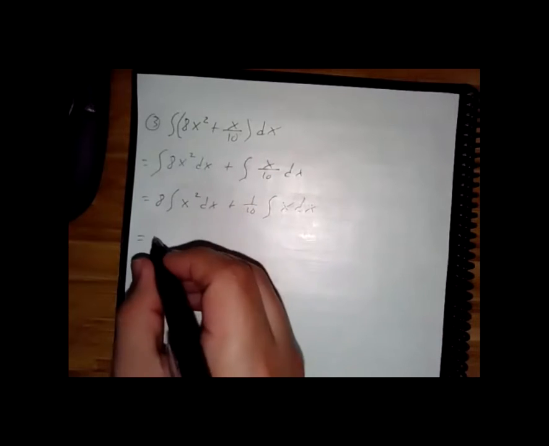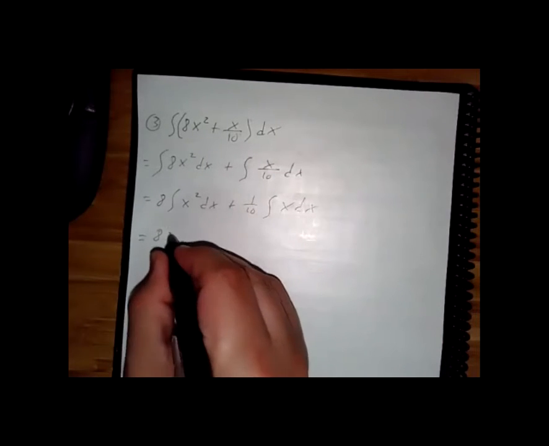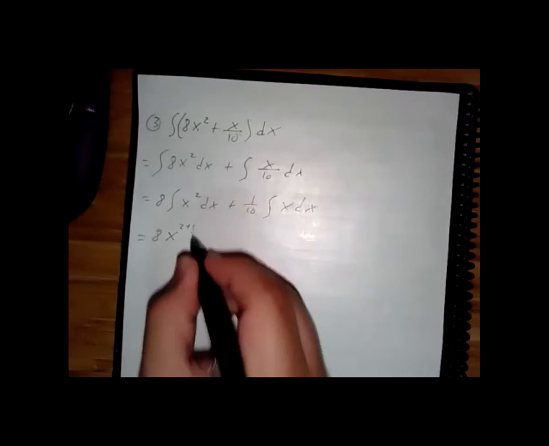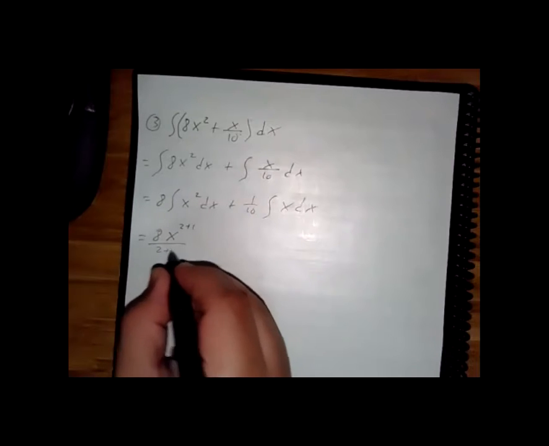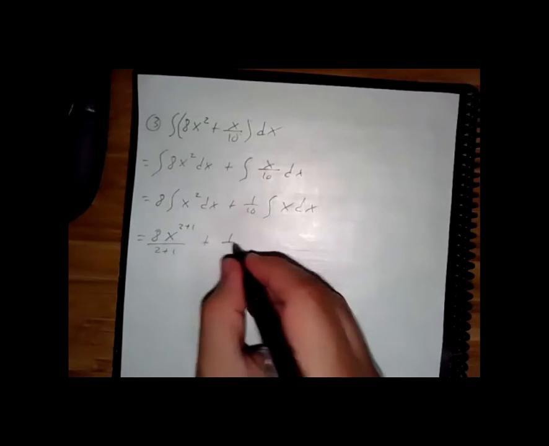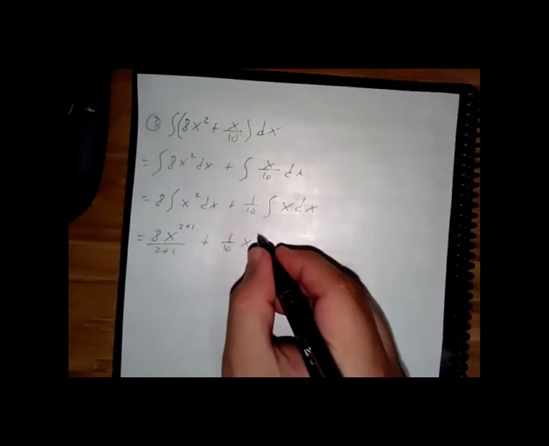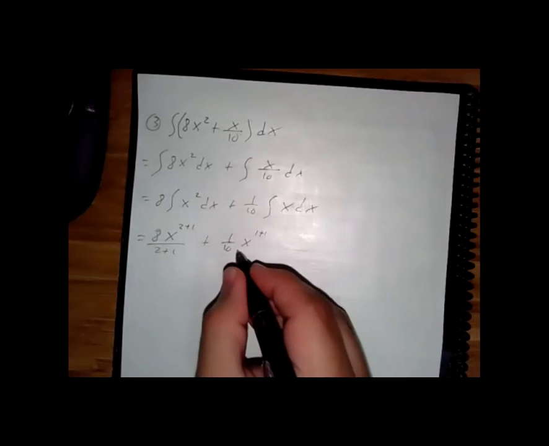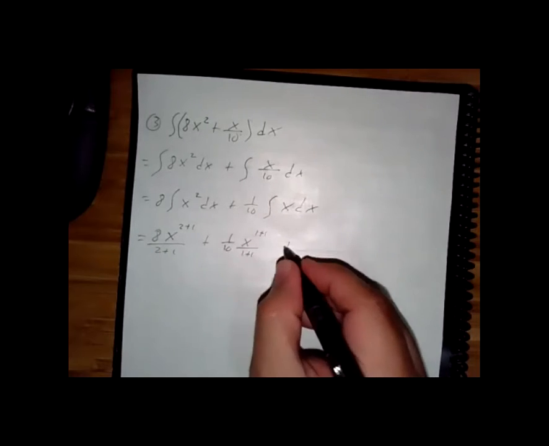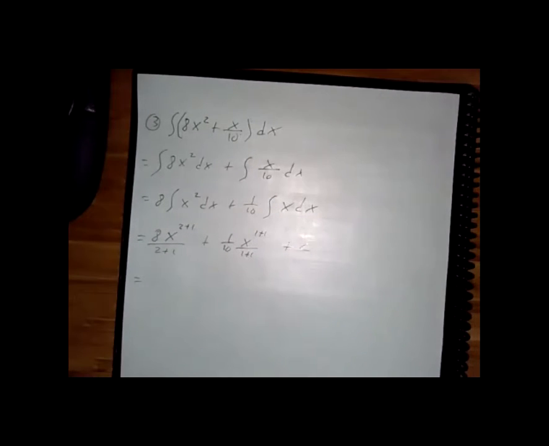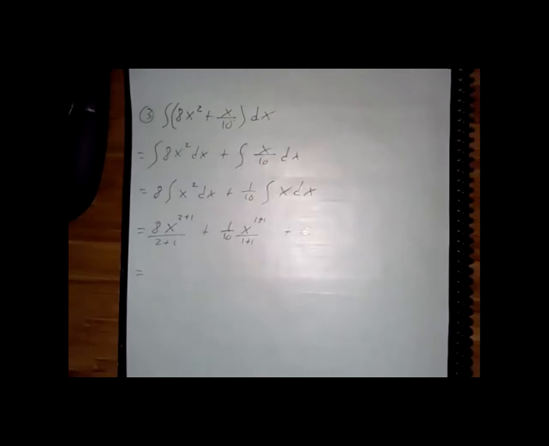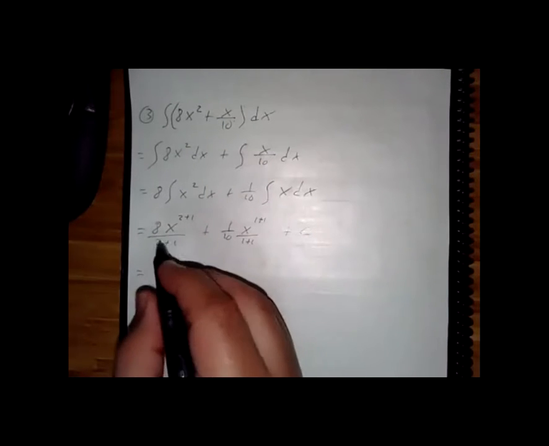So power rule here, you'll have 8x to the 2 plus 1 over 2 plus 1 plus 1/10 times x to the 1 plus 1 over 1 plus 1. So at that point, we're pretty much done. That's going to be a 3.